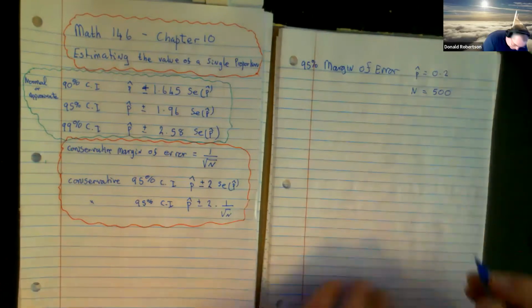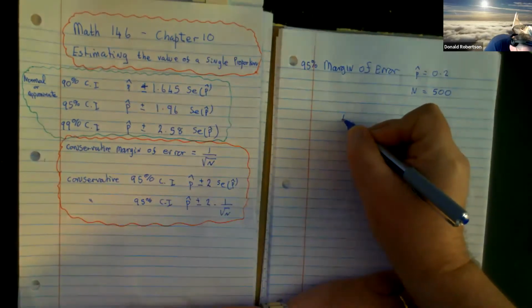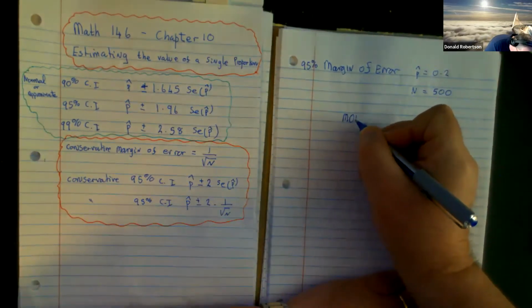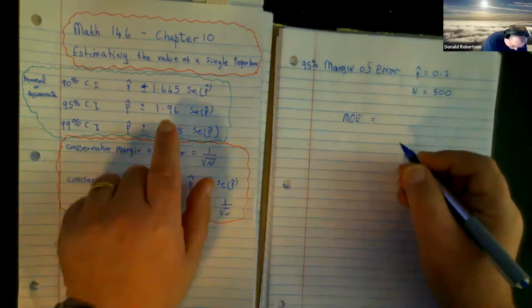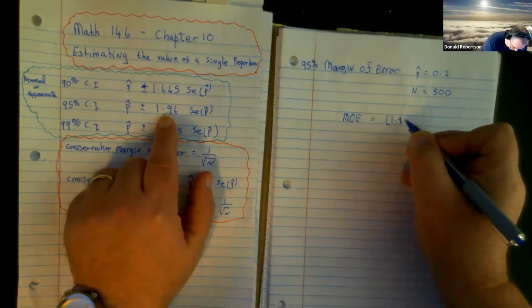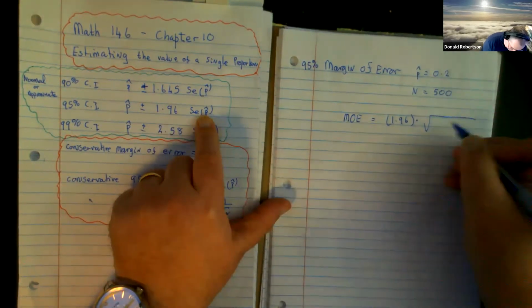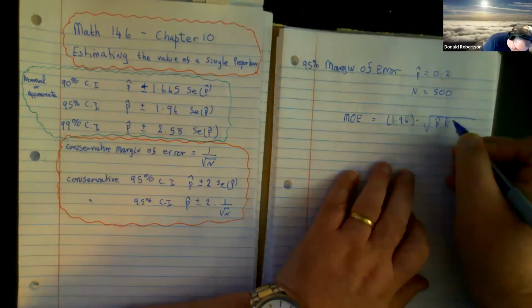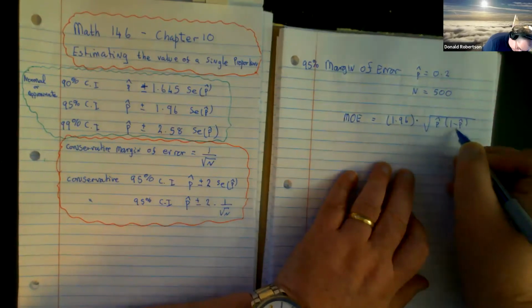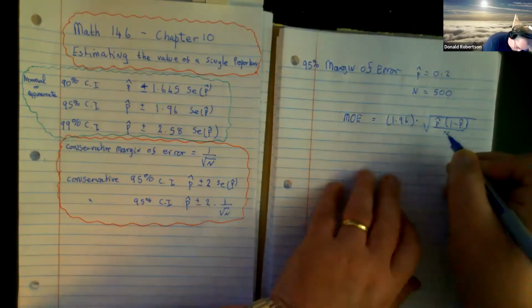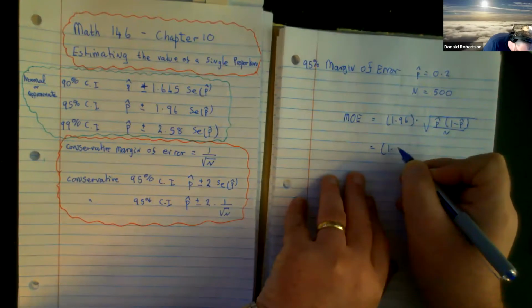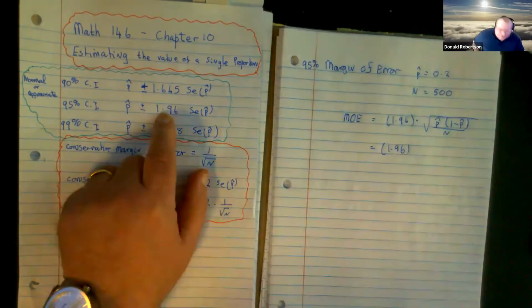Okay. So the margin of error is going to be 1.96 times the standard error. P-hat, 1 minus p-hat, all over n. The 1.96 is a fixed number, right?